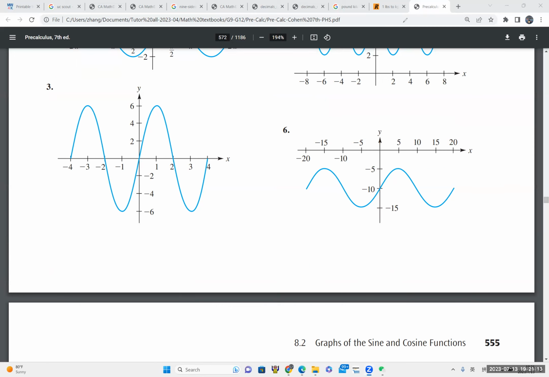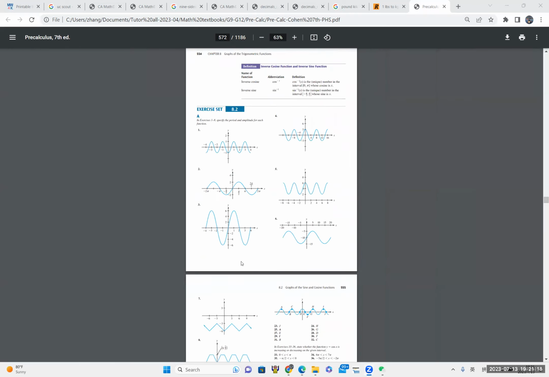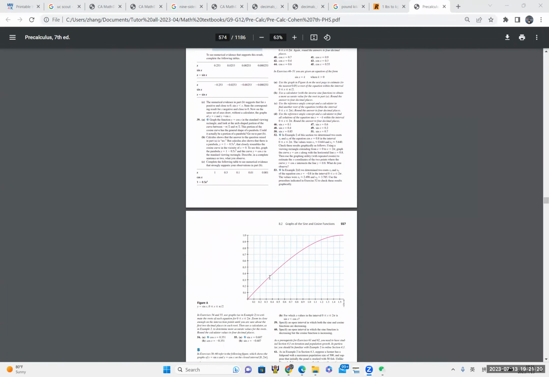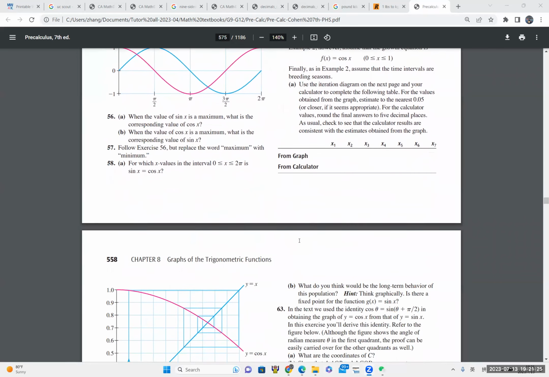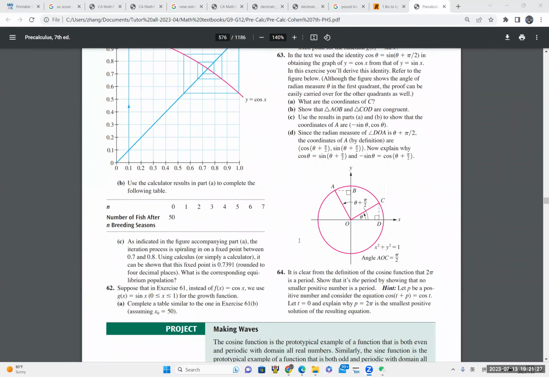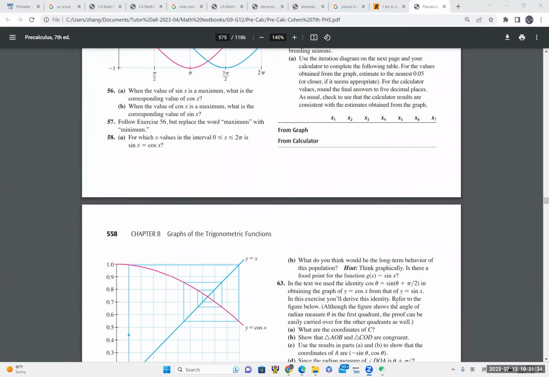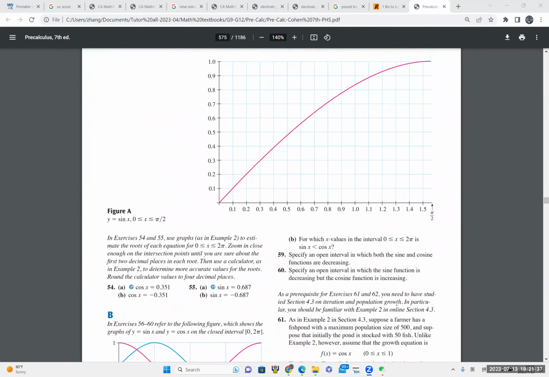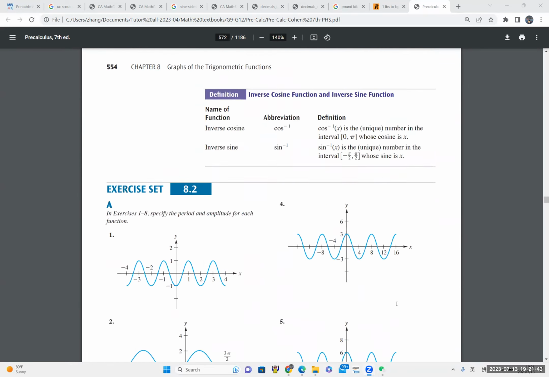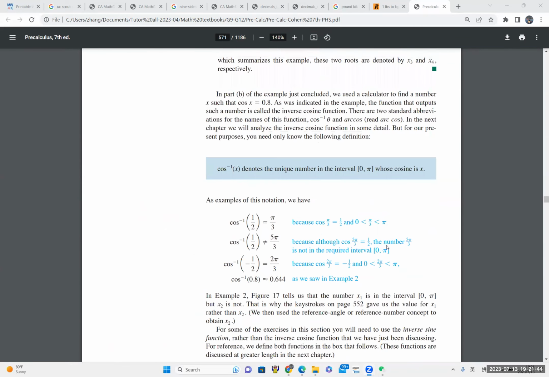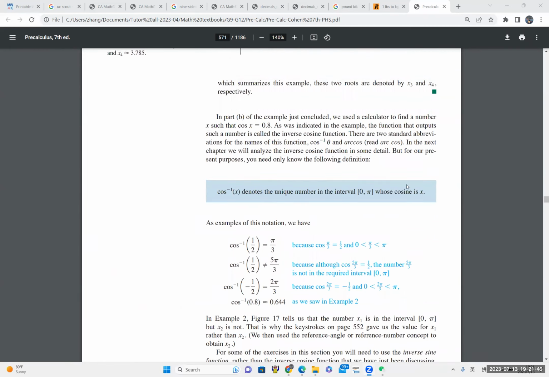Then we'll find a problem about the inverse of sine or cosine. Maybe we'll go to part B. Let's see if we can find it. This textbook doesn't mention it.